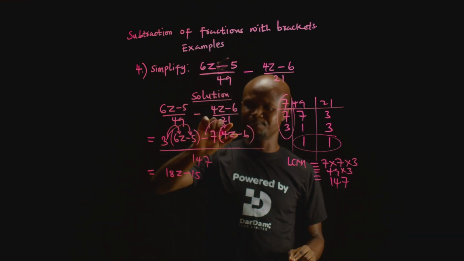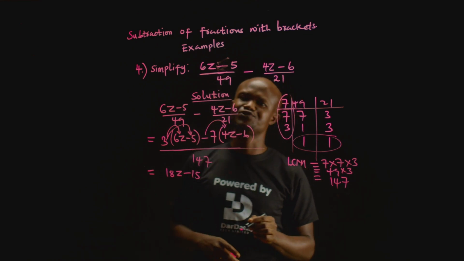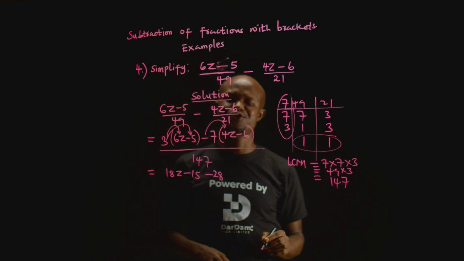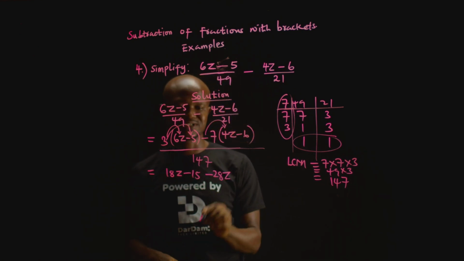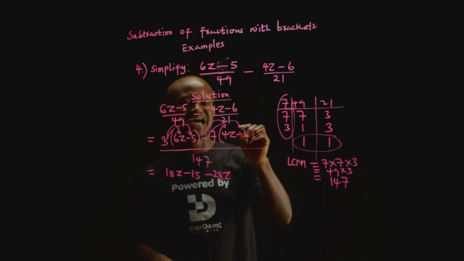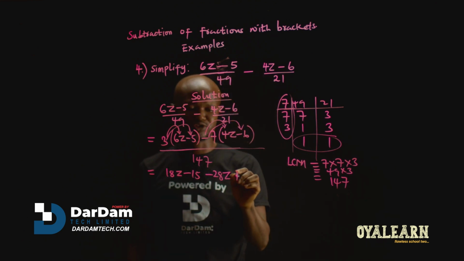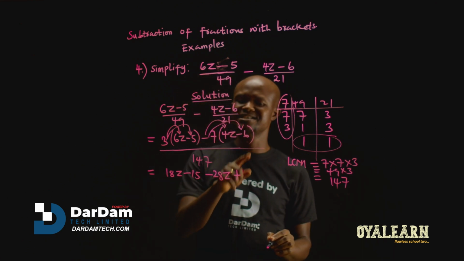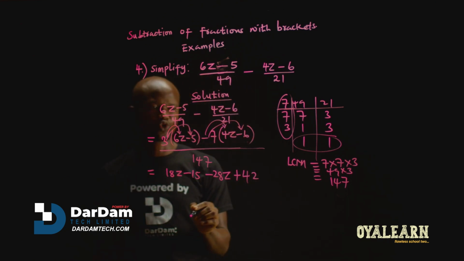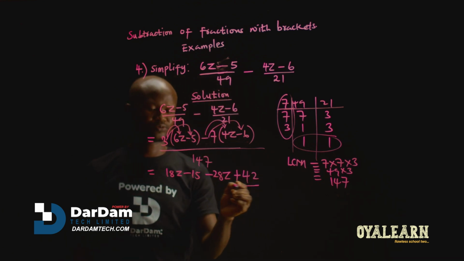Minus 7 times 4 is minus 28, so minus 7 times 4z gives us minus 28z. That same minus 7 we multiply minus 6. Minus times minus gives us plus. 7 times 6 is 42. So minus 7 times minus 6 gives us plus 42.